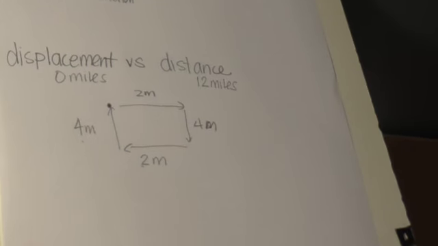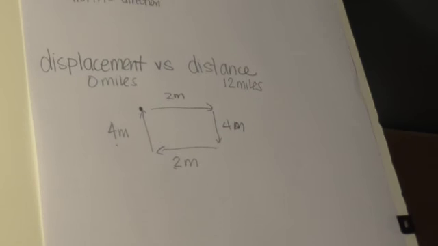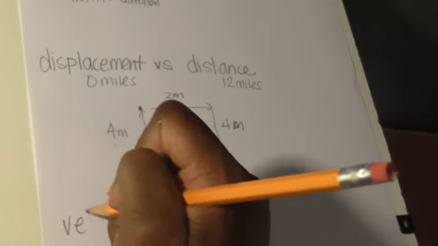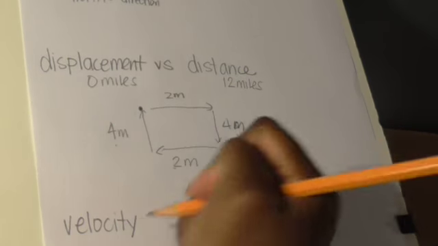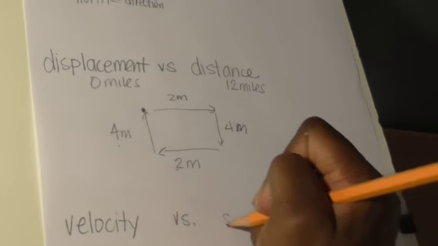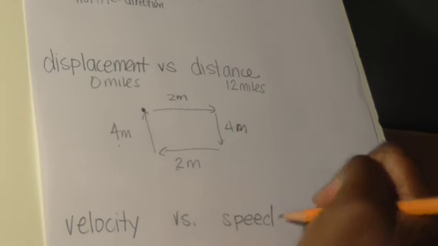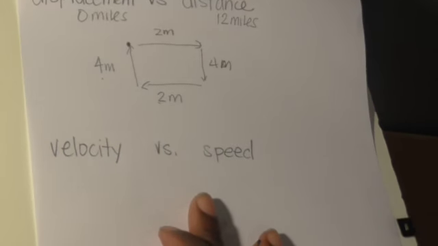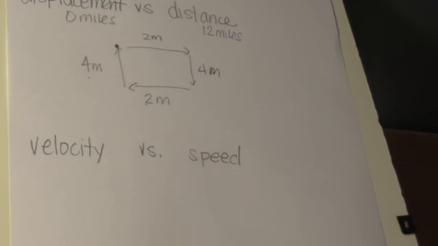So another vector quantity that we need to bring up is velocity. Now, in conversation, we tend to use velocity and speed as the same, but they're not the same because velocity takes into account the direction that you're going in.